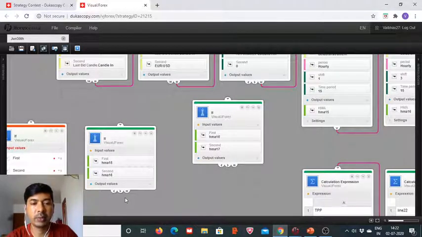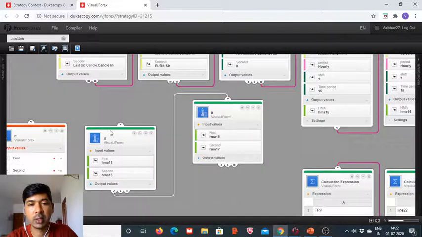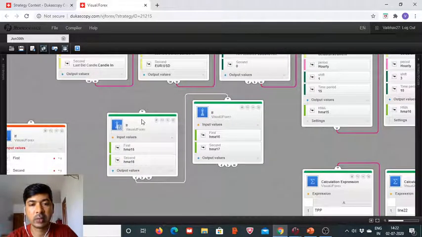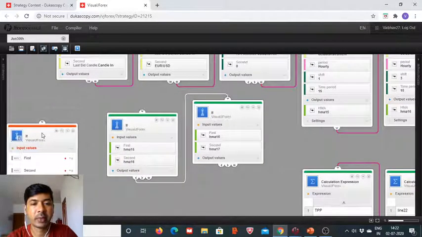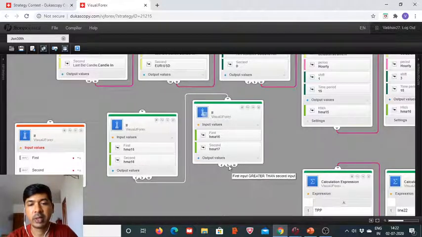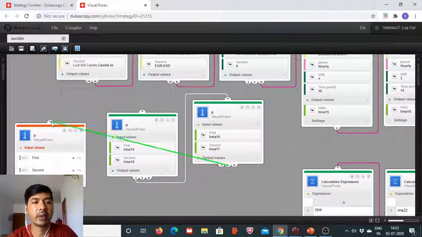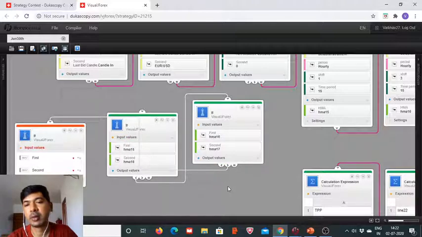HMA 15 to be less than HMA 16, and HMA 16 needs to be greater than HMA 17. So here it is.